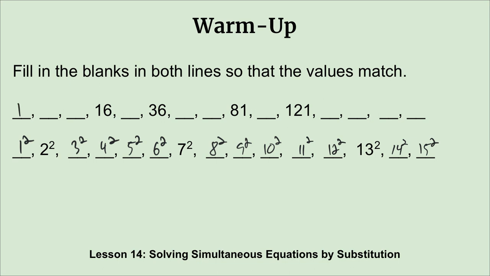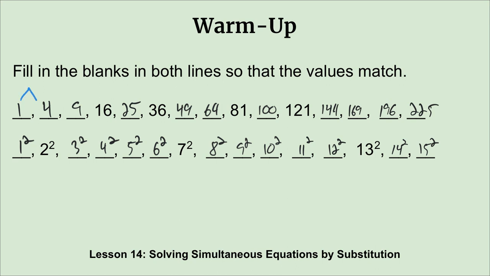So 1 squared is 1, 4, 9, 16, 25, 36, 49, 64, 100, 144, 169, 196, 225. One thing you might notice is there's a pattern here.